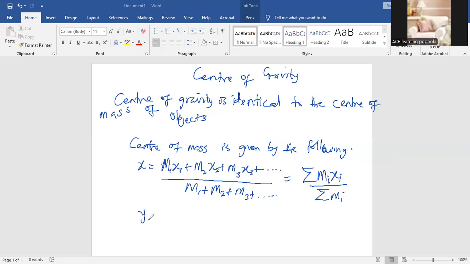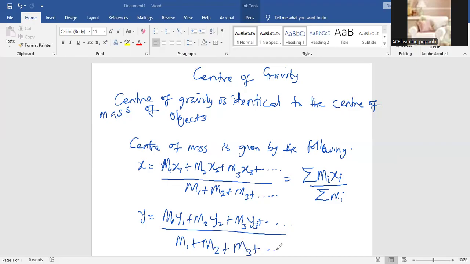With respect to the Y coordinate, it's the same thing. It just changes to m1 y1 plus m2 y2 plus m3 y3 and so on, divided by m1 plus m2 plus m3 and so on.